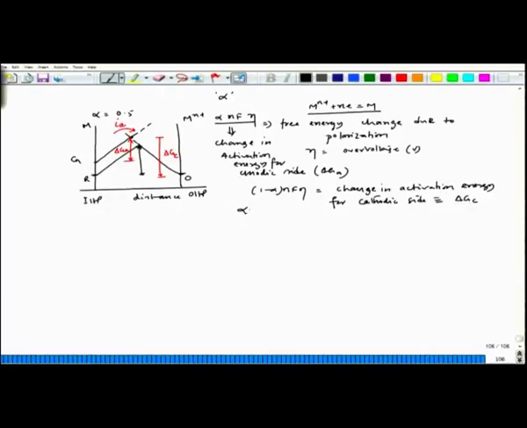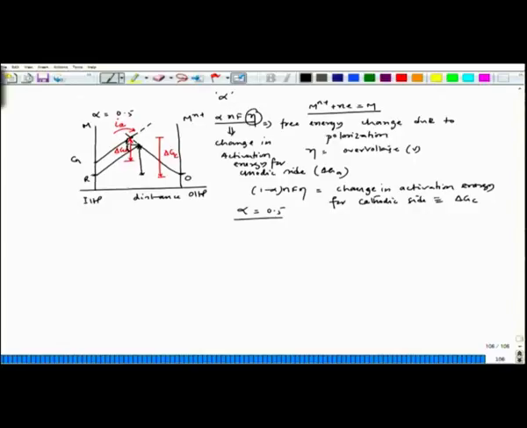Now, since α is 0.5, the contribution of this total overvoltage, and thus the change in free energy towards this activation energy, would be equal. And in this case, if you see this, this arm and this arm both are equal.